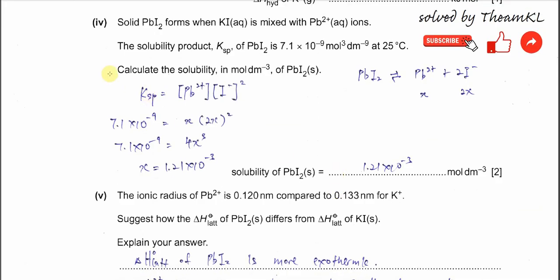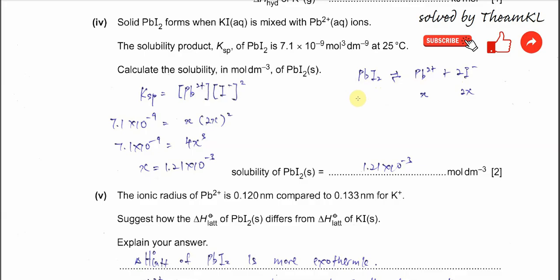Okay, part 4. Solid lead iodide forms when KI is mixed with lead-2 ion aqueous solution. The solubility product Ksp for lead iodide is 7.1 times 10 to the power negative 9. Calculate the solubility of this salt. First you must have the idea that lead iodide partially dissolves and forms these ions, the cation and anion.